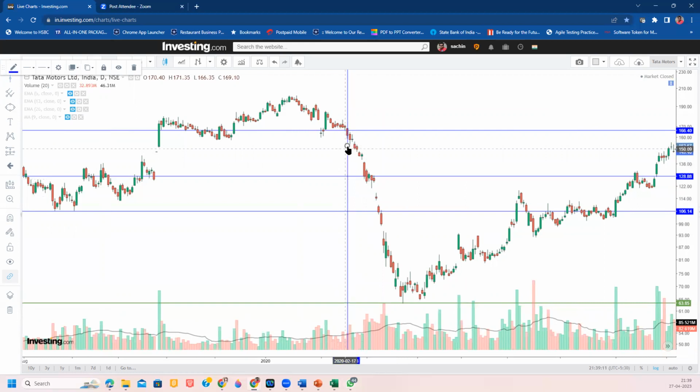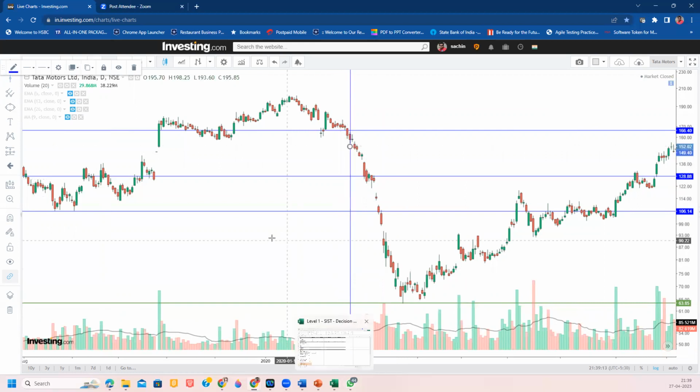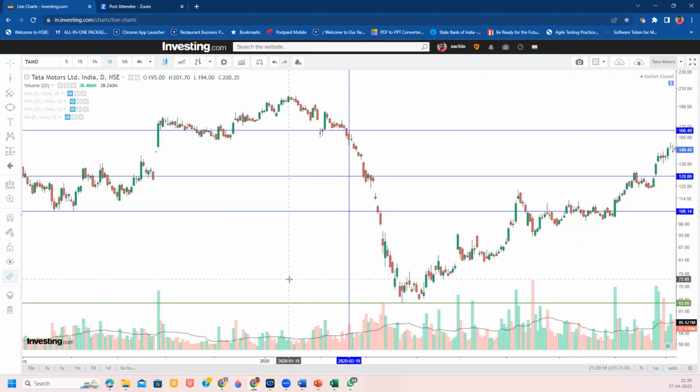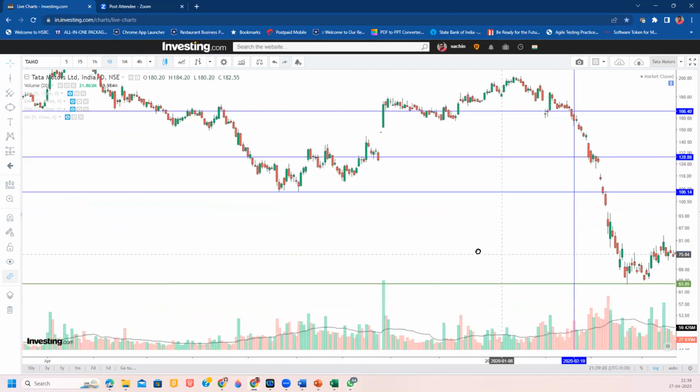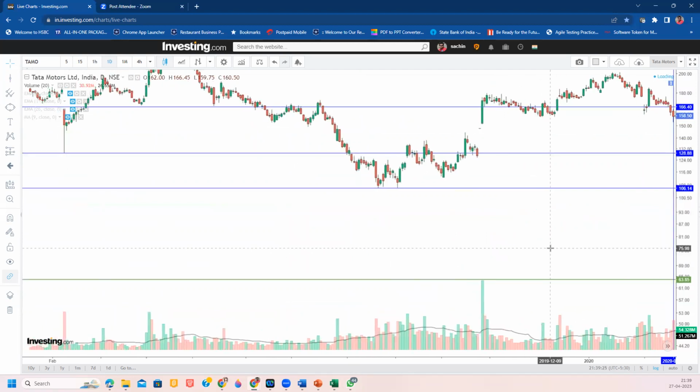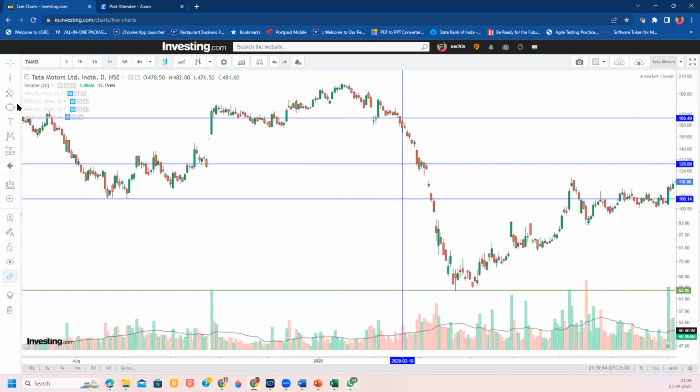So this is the candle I marked. For the time being, just ignore whatever is on the right side of the marked candle, and we are focusing on that particular candle for the implementation of the concept.